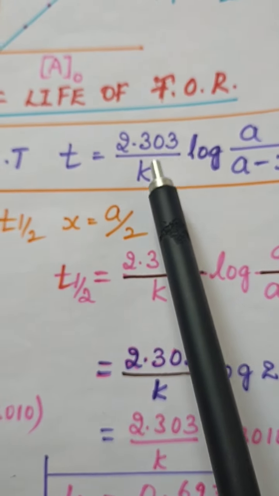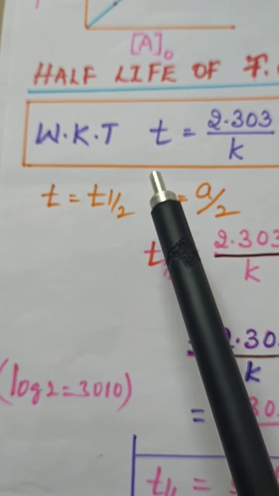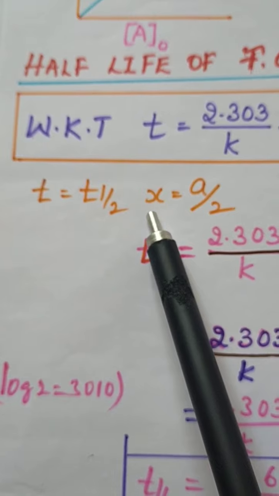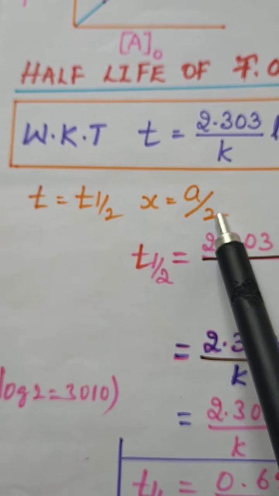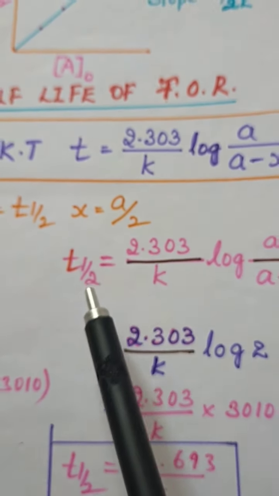Then t is equal to 2.303 by k into log of A by A minus x. Again we change the values: t is equal to t half, the half-life period, and x is A by 2, half of the initial concentration. Then the equation becomes like this.